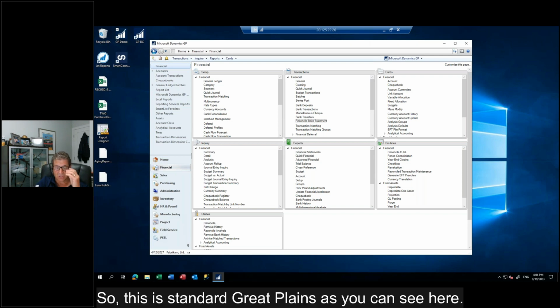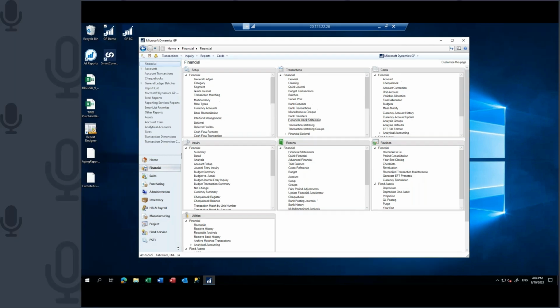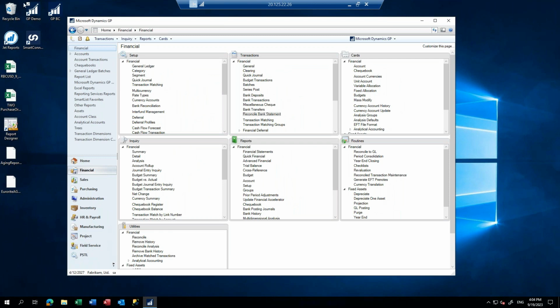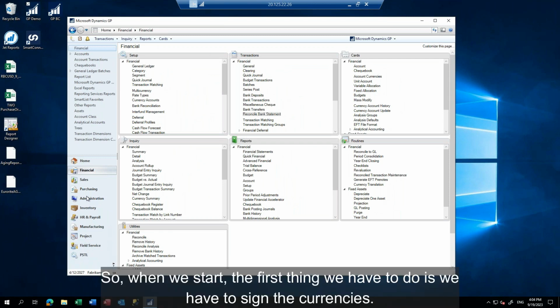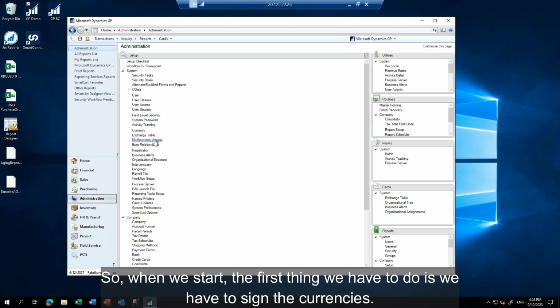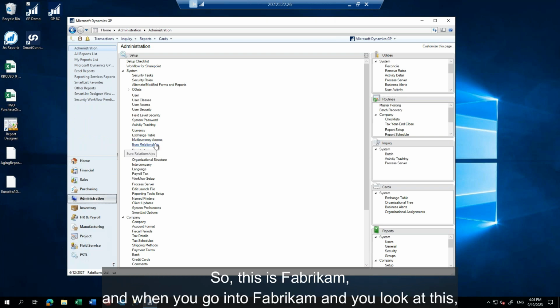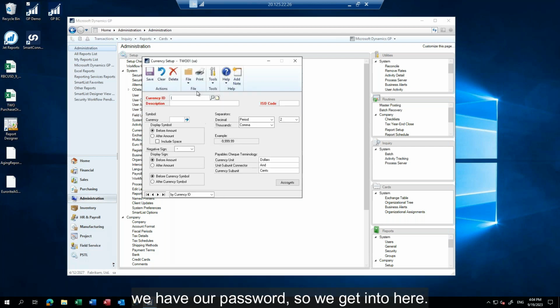Okay, so this is standard Great Plains, as you can see here. When we start, the first thing we have to do is assign the currencies. So this is Fabrikam, and when you go into Fabrikam, we have our password, so we get into here.